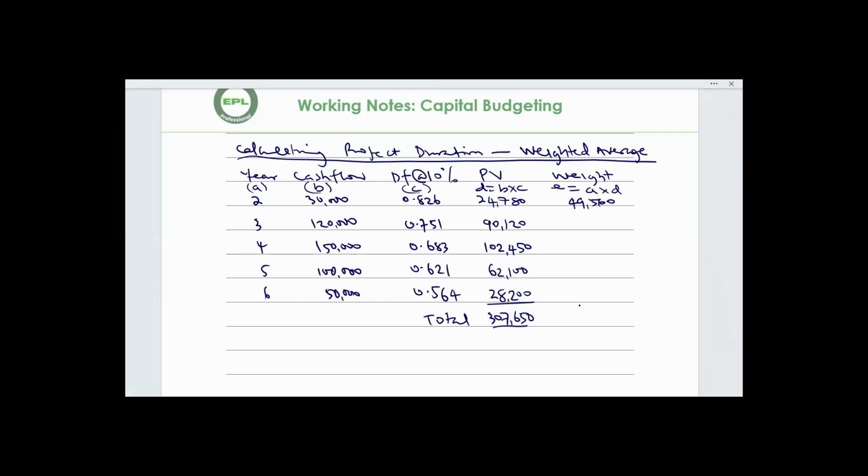Next one, 3 multiplied by 90,120 equal 270,360. 4 multiplied by 102,450 equal 409,800.